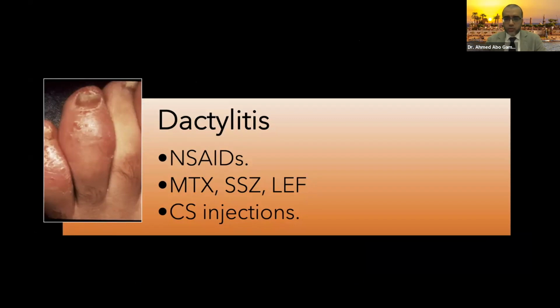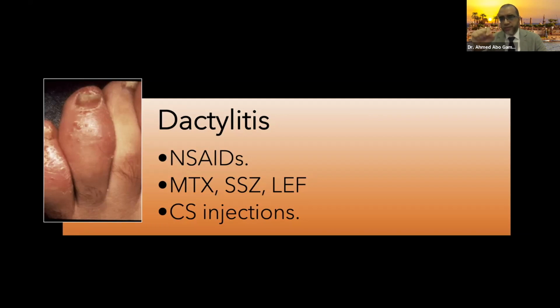For dactylitis, we also start with NSAIDs and conventional DMARDs, and again here we are using corticosteroid injection. For injection, that's why I also highlighted in the dactylitis domain that imaging is very useful in this condition. If you're going to inject a dactylitic finger, you need to know first which part is affected.